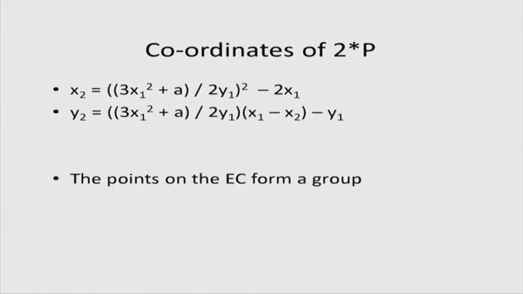Just like we wrote down the coordinates of P plus Q, here are the coordinates of the point 2P. The coordinates of the point 2P, x2 and y2, are expressed in terms of the coordinates of the point P. The coordinates of the point P are x1, y1, and these are the expressions for x2 and y2. Now we don't want to learn any of this by heart, we just want to understand basically what is going on and to be able to use these equations to do encryption, decryption, signatures, key exchange, and so on and so forth.